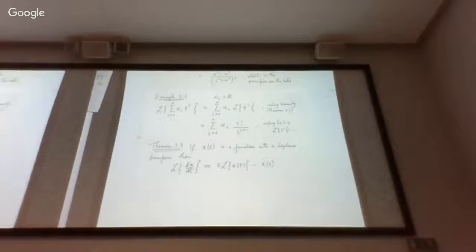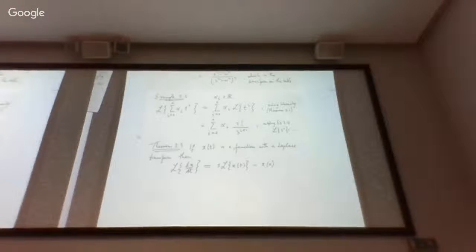And you can kind of get the idea of how the whole process is going to work. When you take the Laplace transform of a whole differential equation, on the left-hand side you've got a linear combination of different derivatives of x, the unknown function. So when you take the Laplace transform of that, using linearity, it breaks up into the linear combination of the individual Laplace transforms of the different derivatives of x.